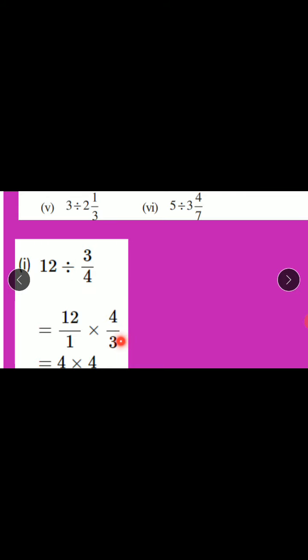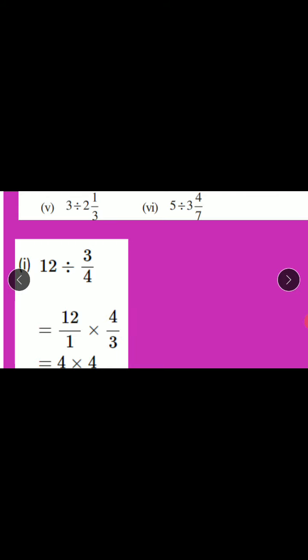The reciprocal of 3 by 4 is 4 by 3. Multiplicative inverse means the numerator will become the denominator and the denominator becomes the numerator. So the reciprocal of 3 by 4 is 4 by 3.